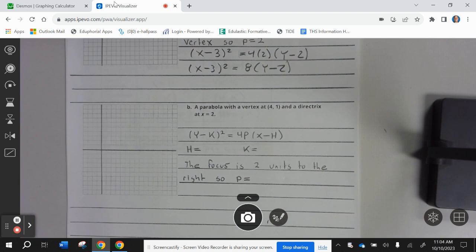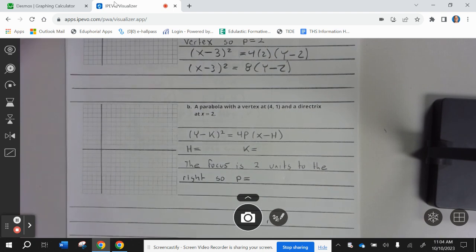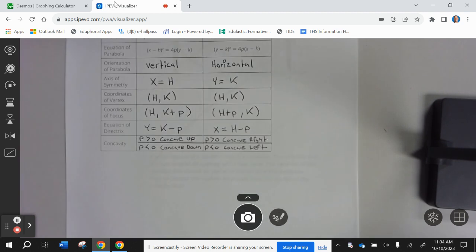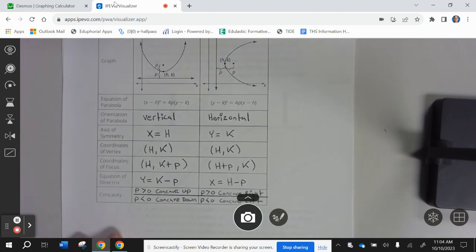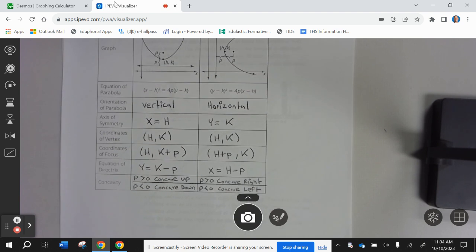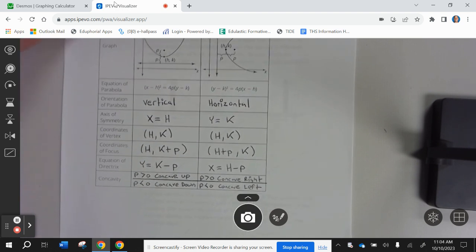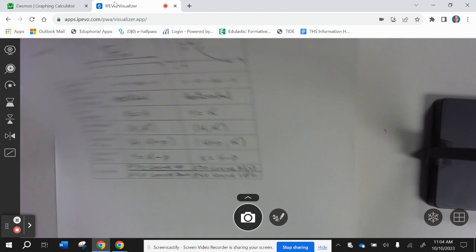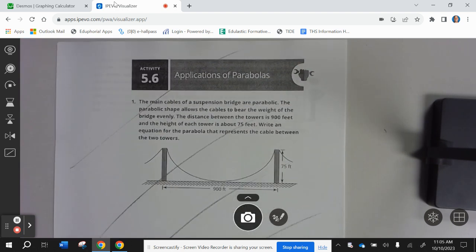All right, student work 5b. Go ahead and complete the table. All right, let's take a look at the next page. You can mark off this page.